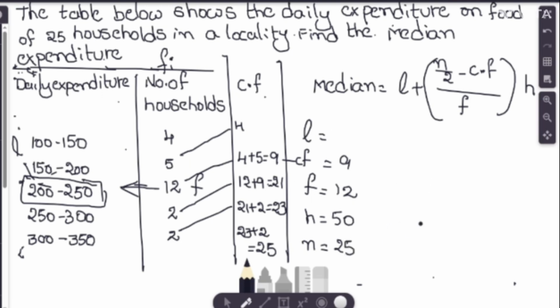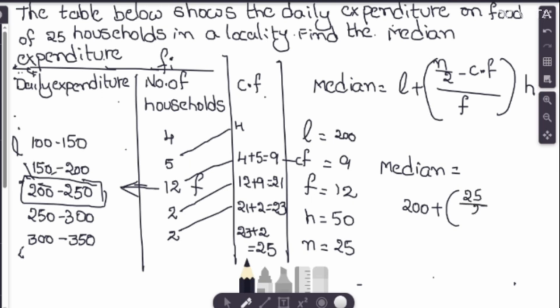Lower boundary we know is 200. Substitute all these in the median formula. Median equals 200 plus (N by 2 minus CF) by F into 50, where N is the total frequency.